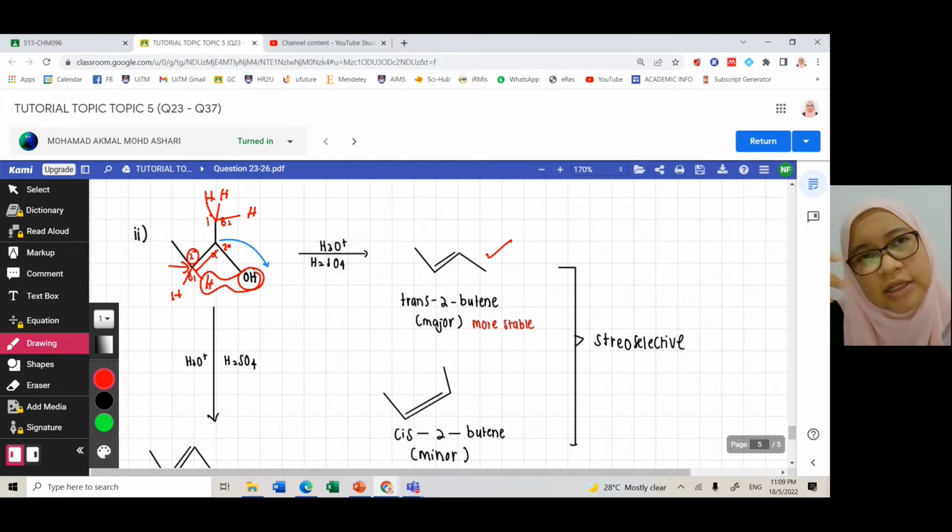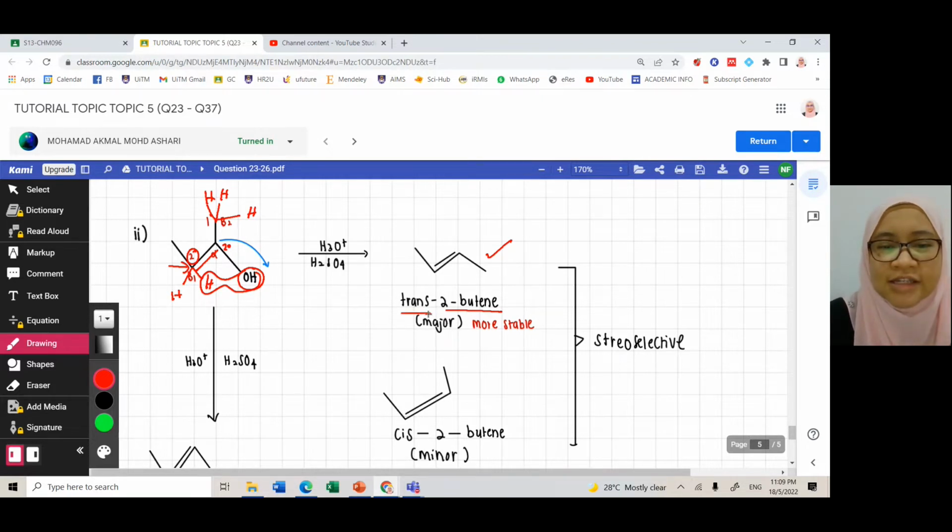And secondly, each carbon that consists of the double bond must not be attached to the same group of atoms. When we identify, it satisfies the two rules of geometrical isomers. So this 2-butene turns out to have geometrical isomerism.